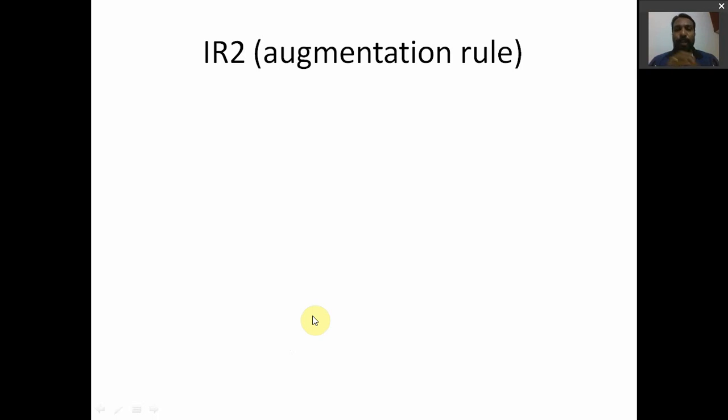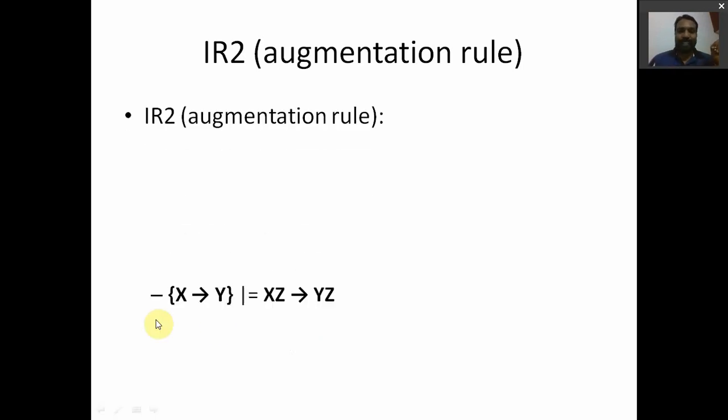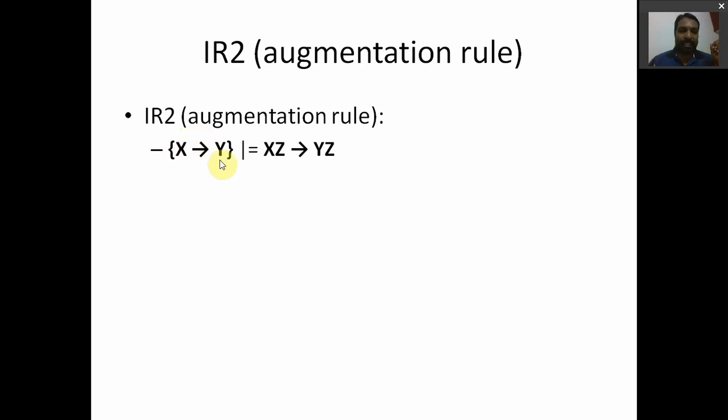It is also known as the augmentation rule, that is, adding something. It states that if there is a functional dependency x to y, this implies xz to yz. That is, we can add the same set of attributes to the LHS and RHS, and that functional dependency will still hold in that relation.